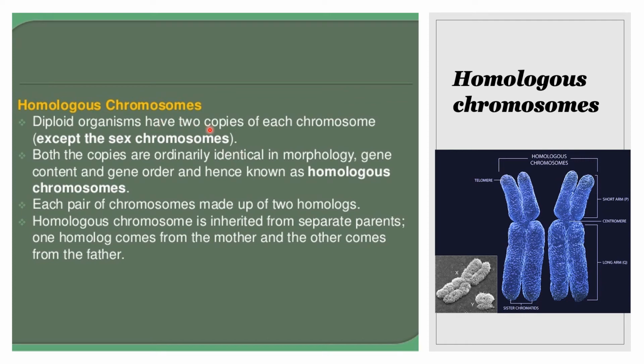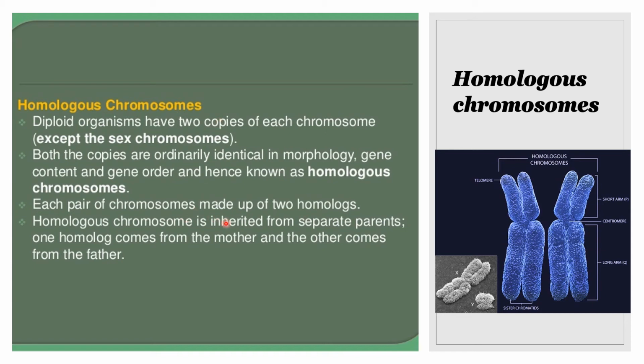Each pair of chromosomes is called homologues. So in a homologous pair, there will be two homologues.